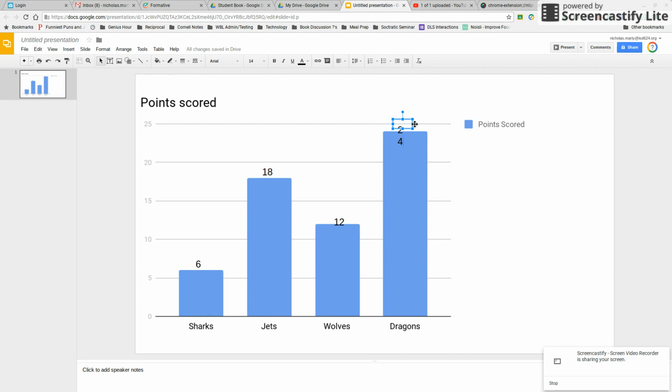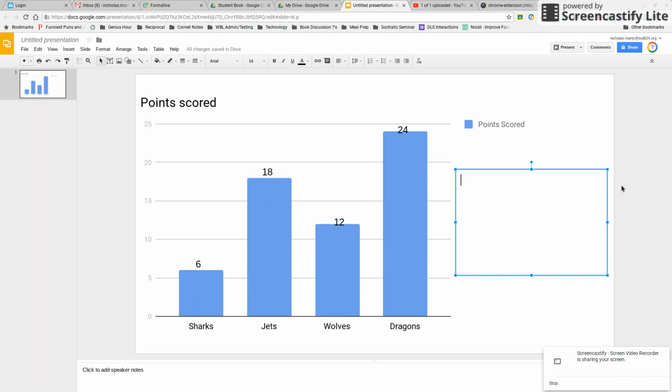Okay, so what we're going to do with some of these graphs is we're going to practice comparing and writing comparison statements. So what is a comparison that I could make? Well, I know that it takes 6 times 3 to get from 6 up to 18.